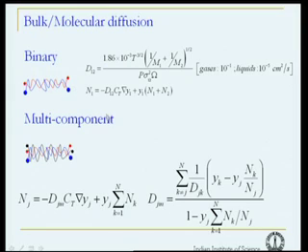Now, when it comes to multi-component, in a reacting species you will have a multi-component system, and for a multi-component system the Stefan-Maxwell equations are available, but those are not very convenient to work with. So, what we have is an effective diffusion coefficient DJM, equivalent to the binary system.